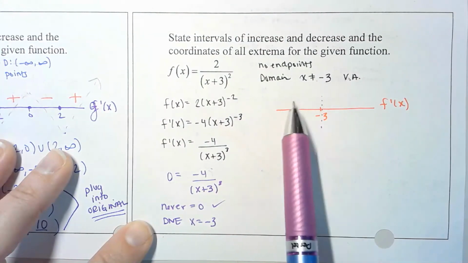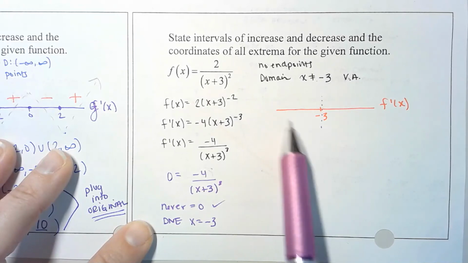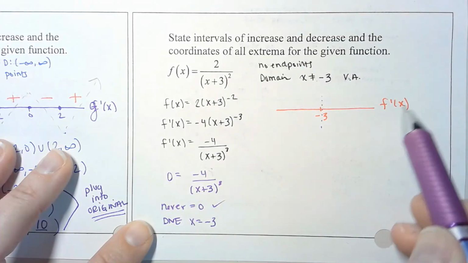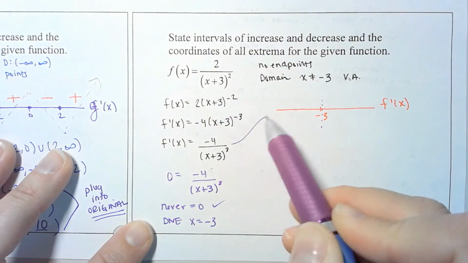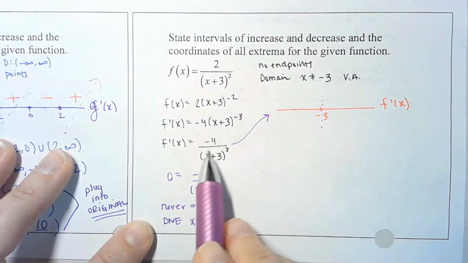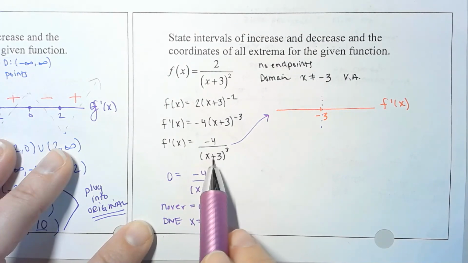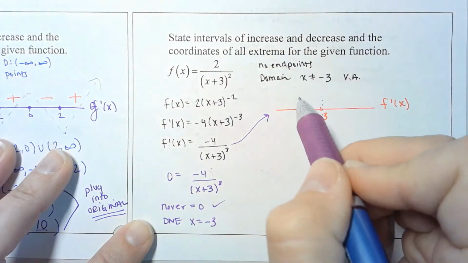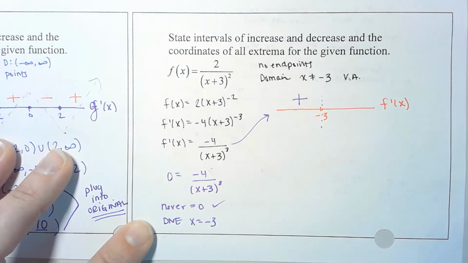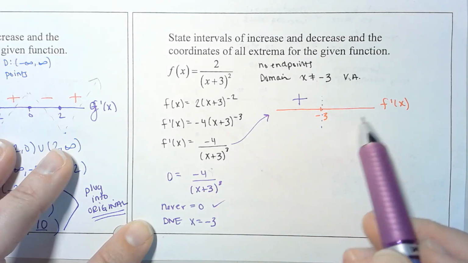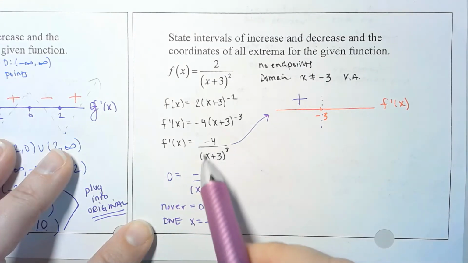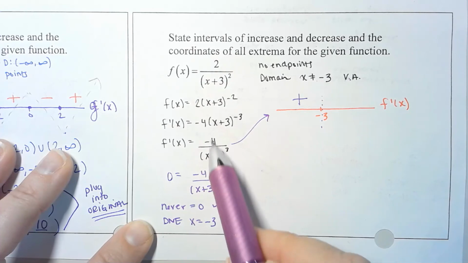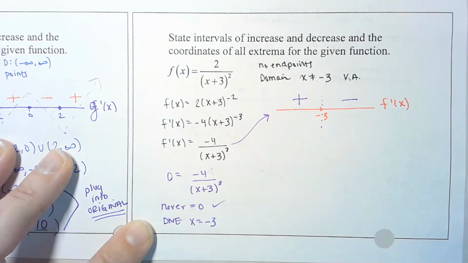So again, I can still plug in on either side. Let's pick a -4. Where am I plugging into? F prime. If I plug in a -4, this gives me a negative. Cubing a negative is a negative, and a negative divided by a negative is a positive. If I plug in something over here like a 0, well, this is positive. Positive cubed is still positive, and a negative divided by a positive is a negative. What does this tell me?